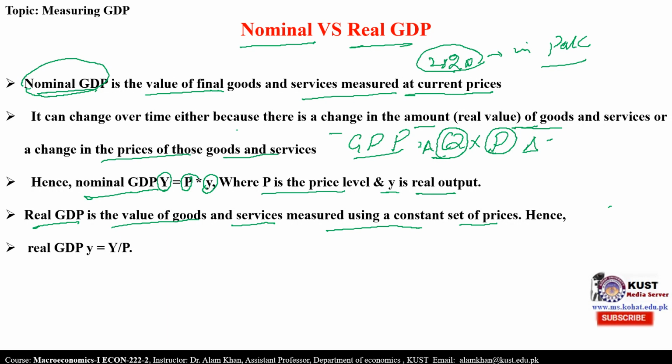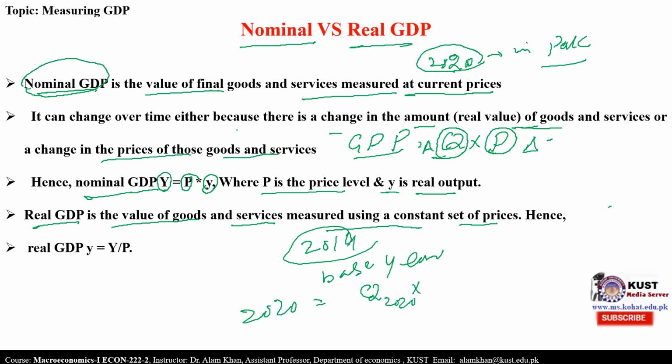For example, in the case of Pakistan, if the Federal Bureau of Statistics says that 2014 is our base year, and we are measuring real GDP for 2020, then we will use the quantity of goods and services of 2020 multiplied by the price of goods and services of 2014.